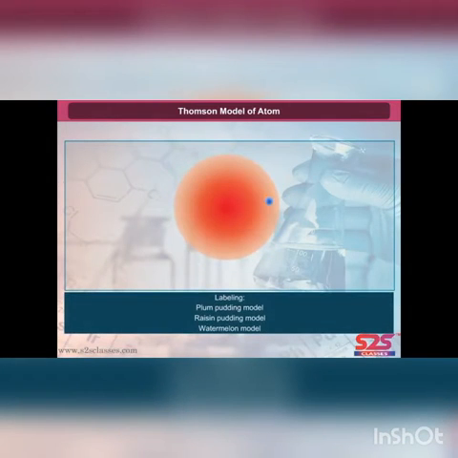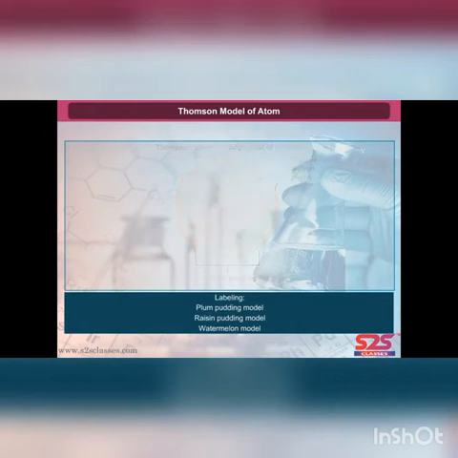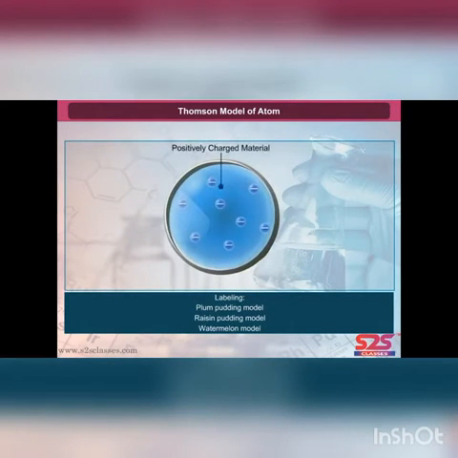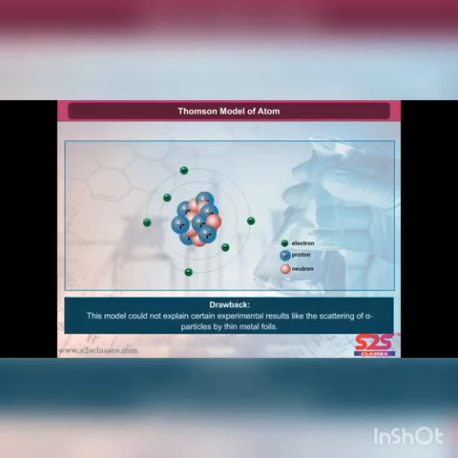This model is also called the plum pudding, raisin pudding, or watermelon model. Thomson model of atom was discarded because it could not explain certain experimental results like the scattering of alpha particles by thin metal foils. Rutherford's nuclear model of atom.